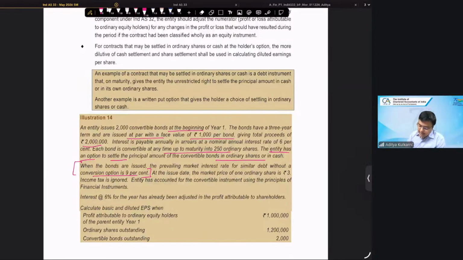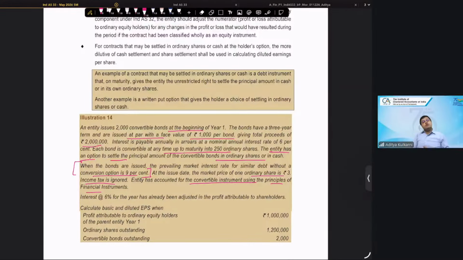At the issue date, market price of one ordinary share is rupees 3. Income tax stands ignored. Entity has accounted for the convertible instrument using the principles of financial instruments. Here, Institute has been generous and given this in the question.